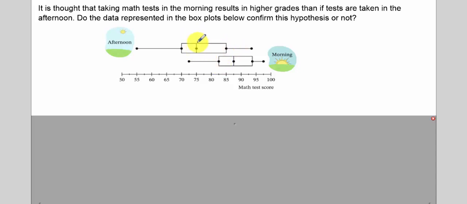Likewise, 50% of the class is above 75 in the afternoon class, while above 87.5, 50% of the class is taking it in the morning.